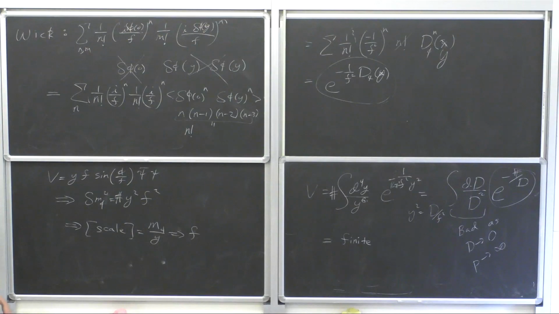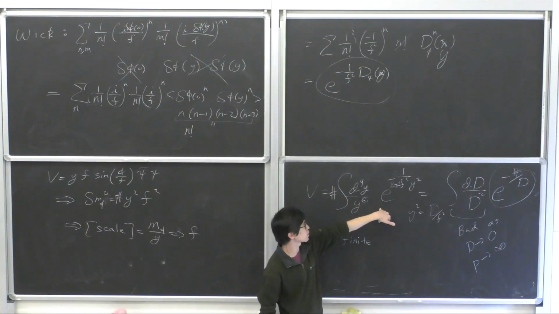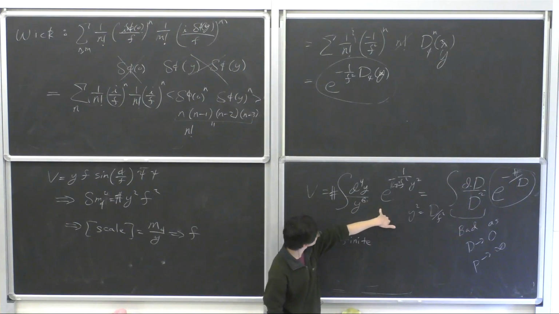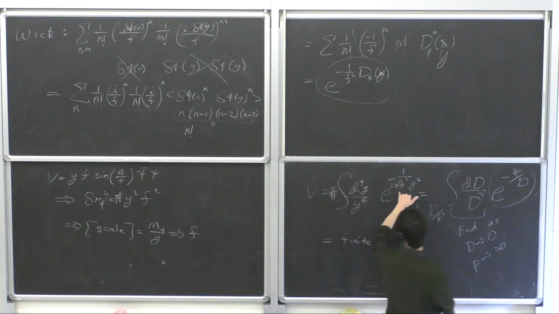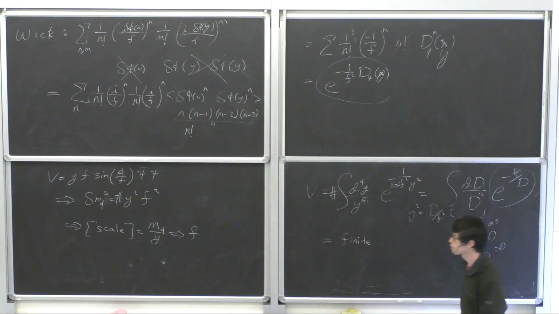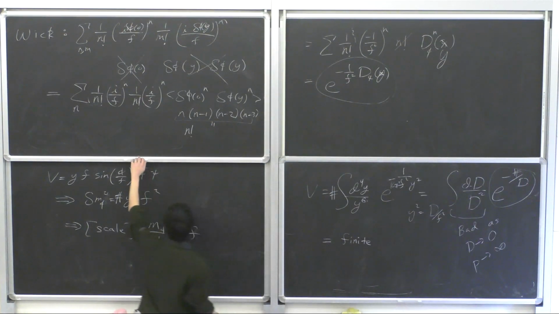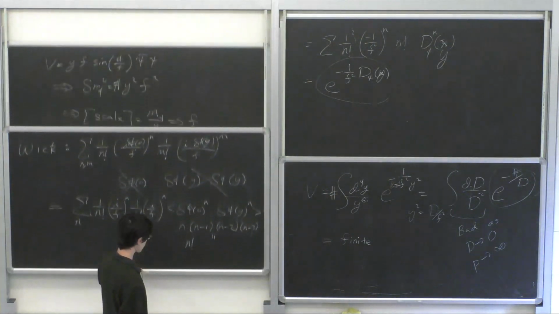Well, what happens at the scale f is, you can just ask here. What happens when you get to distances 1 over f? Well, higher order terms in the exponential are important, right?